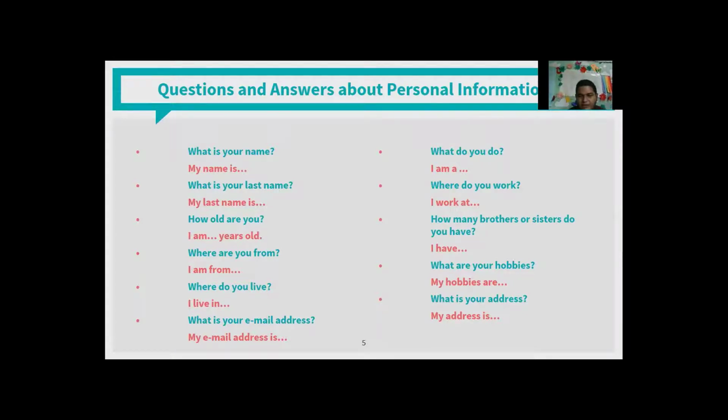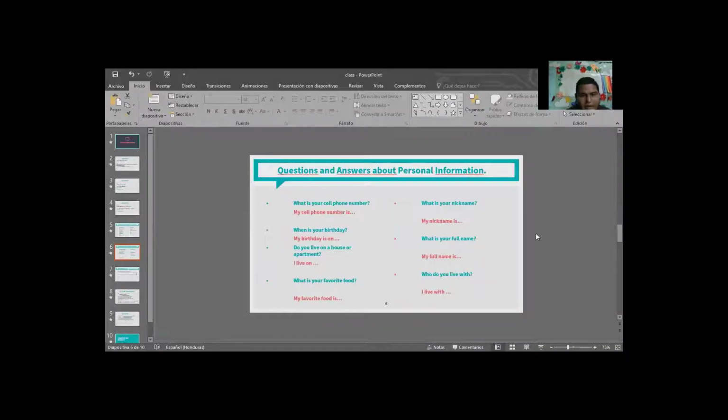Another one is, what is your address? My address is Colonia Sor Dionisia, Nakaome, Valle. Okay, another question is, what is your cell phone number? My cell phone number is 33204567.